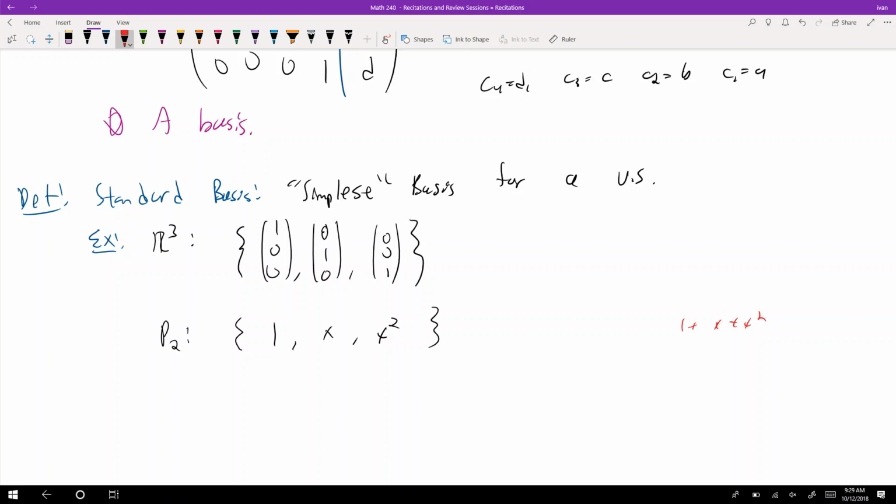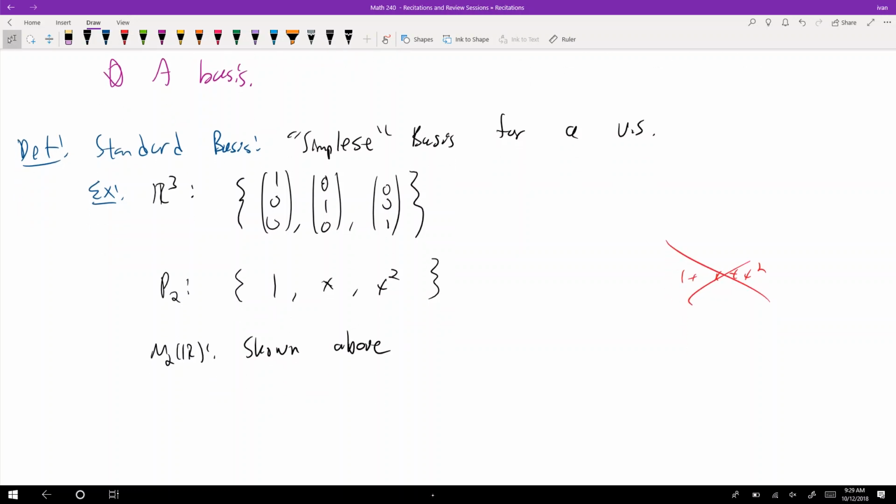You can't have the guy on the right. This can be part of your basis, but then you just need more elements in your basis to adjust for it. So keep that in mind. So for P2, this is the standard basis, and then for M2R, it's shown above. So those are examples of standard bases.